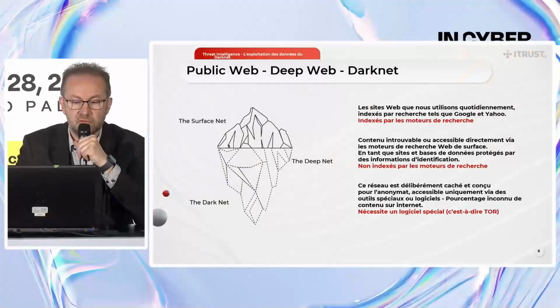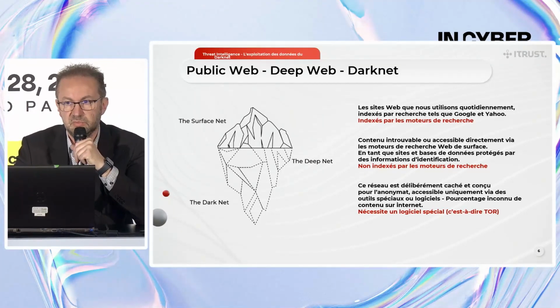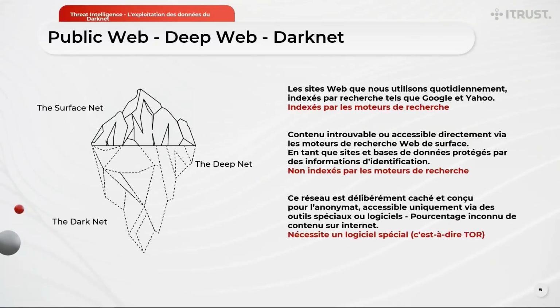So everybody knows the web, which is indexed by search engines such as Google and Yahoo. We are going to focus on deep web and darknet. Deep web is information which is available easily, but not indexed by search engines.